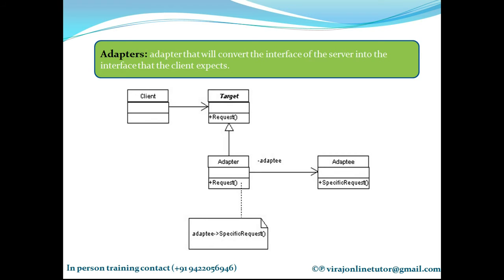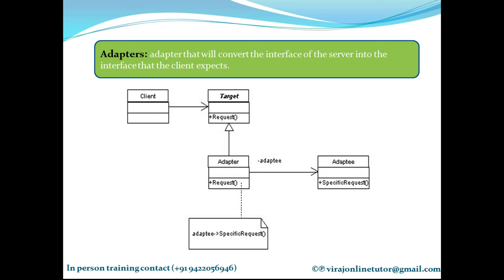So what exactly do we mean by an adapter pattern? Suppose we have two different classes, a source class and a target class, and you want these two classes to connect to each other in order to achieve some goal.